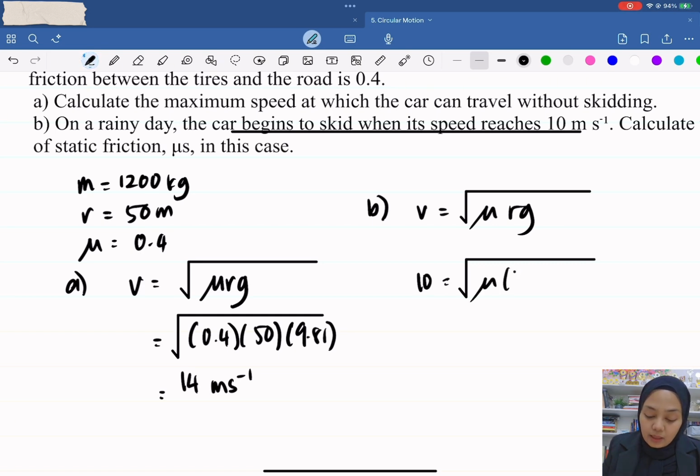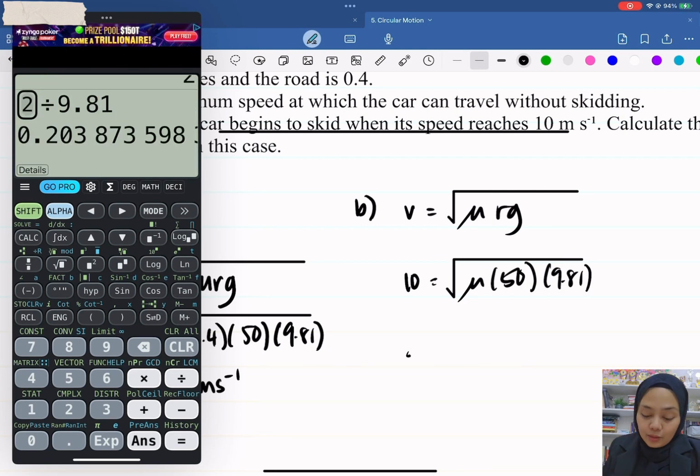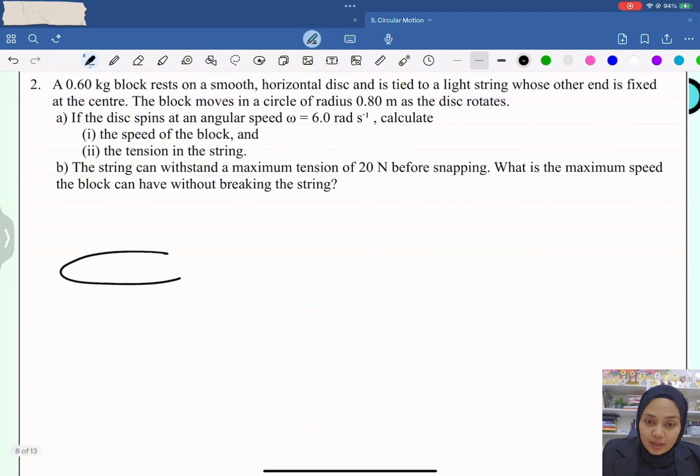The velocity is given, and mu is the one we're looking for. We use the same radius, which is 50 meters, and the same gravity. So the answer for mu is 0.204. Alright, let's go to question number 2.